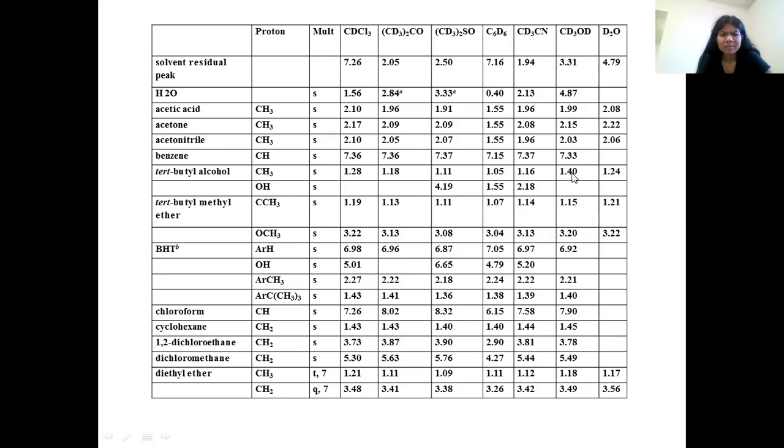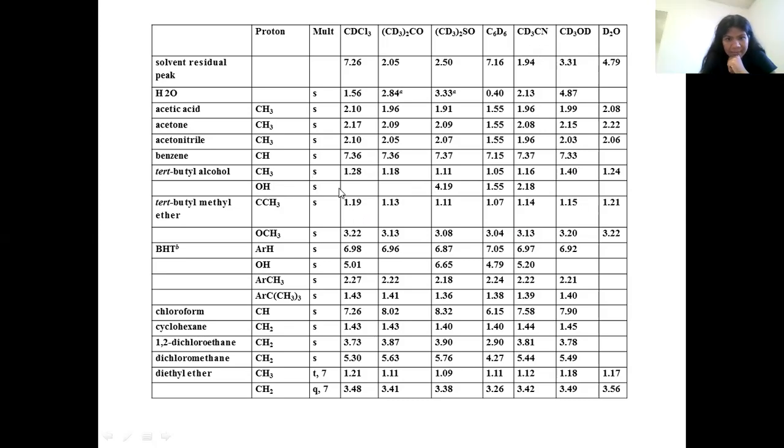You will see this CH3 signal for this methanol, because as I said, alcohol, carboxylic acid, aldehydes exchange protons with this solvent. So you will not see this OH peak here, but you will see this OH peak in other solvents like CD3CN, CDCl3, etc.